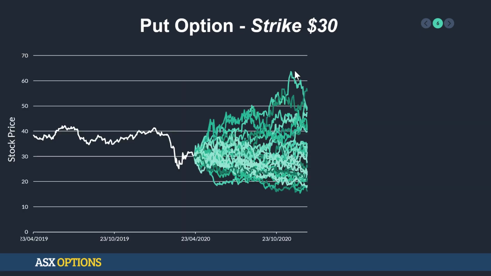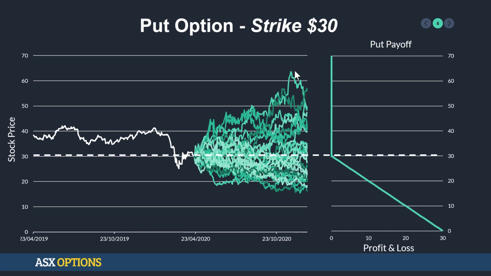So put options, this is the opposite. So again, we have our stock price, $30 strike, but the payoff is completely opposite. So any price that ends up with the underlying above $30, it's a $0 payoff if you hold the option contract.